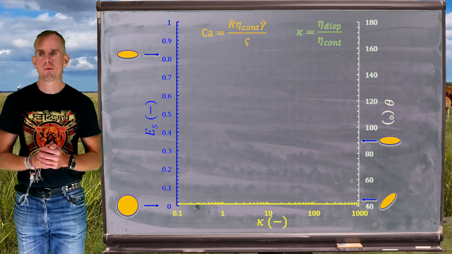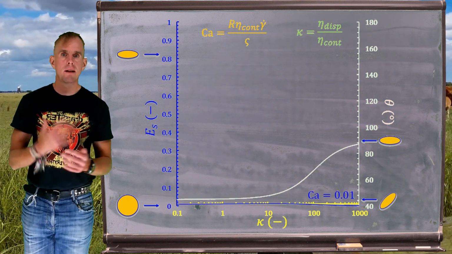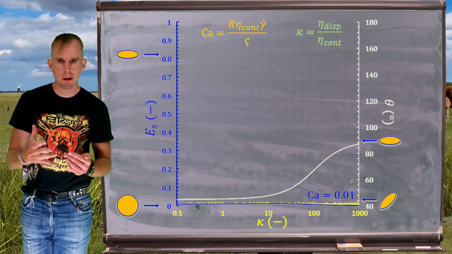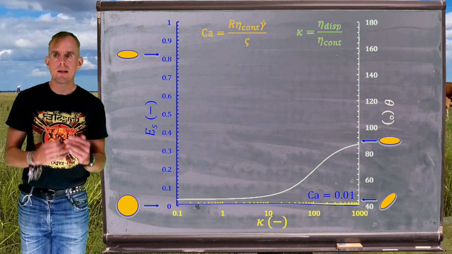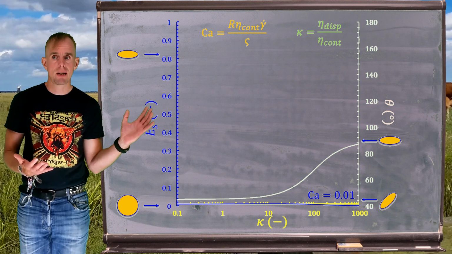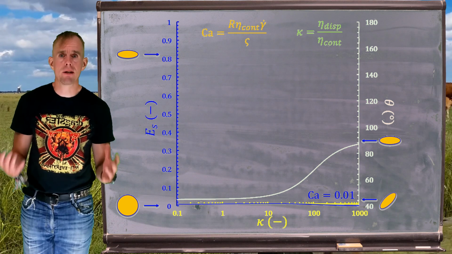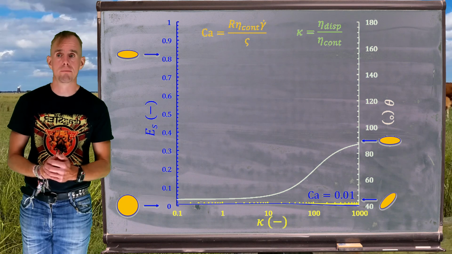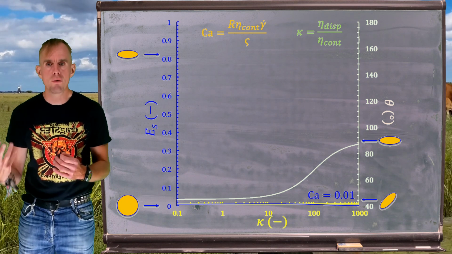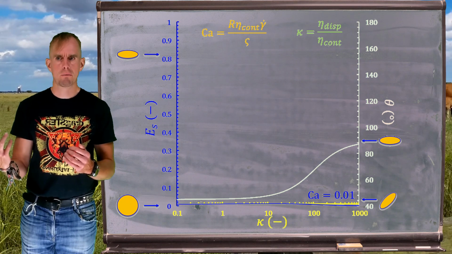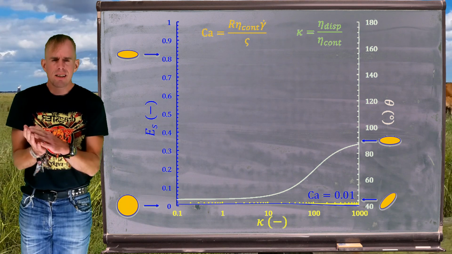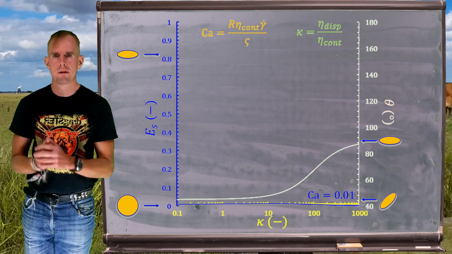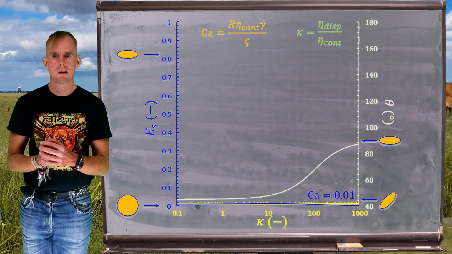Now, for a low capillary number, let's say 100th, low capillary numbers are where surface tension dominates. What we see in terms of droplet shape is very little deviation from spherical. So at low viscosity ratios, where I have an easily deformable droplet, I get a tiny, minuscule deviation away from the spherical result.